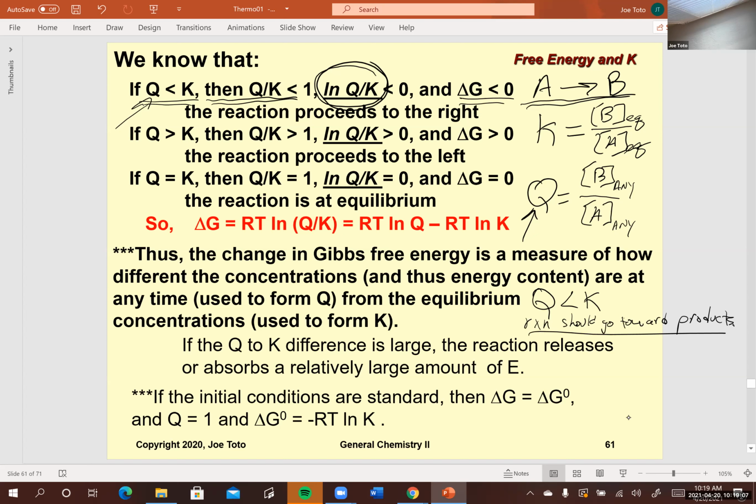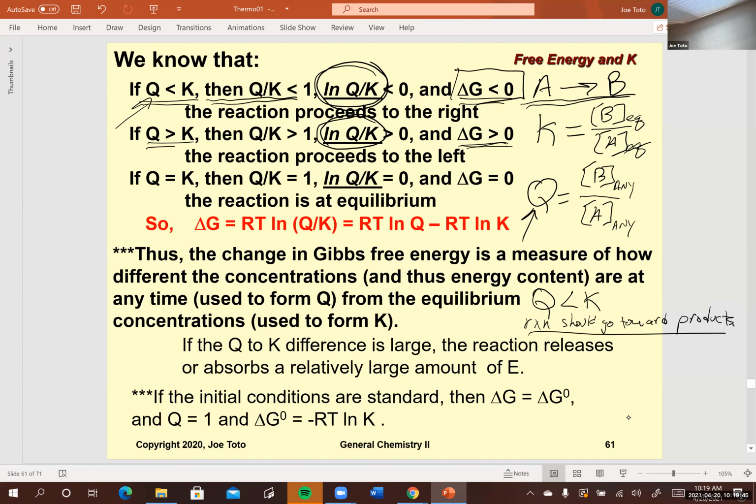It's spontaneous, and delta G is negative. So that works out for the sign. And check it out for when Q is too big, when it's larger than K. We know the reaction goes to the left, or it's spontaneous in the opposite direction. So delta G should be positive in those cases. If you follow the math and the logic, the log of Q over K is going to give us the right sign.